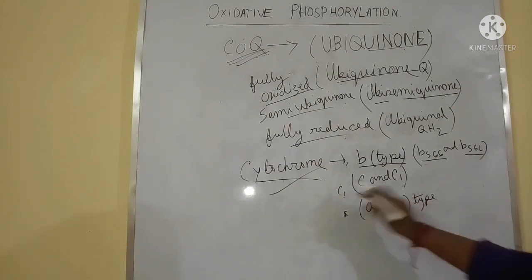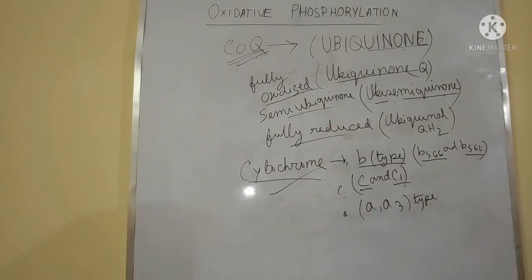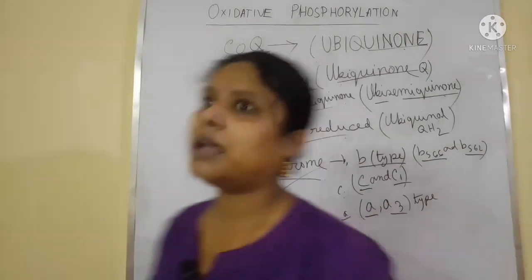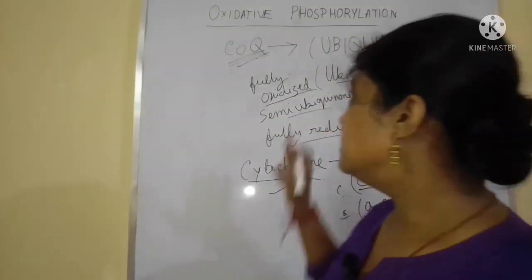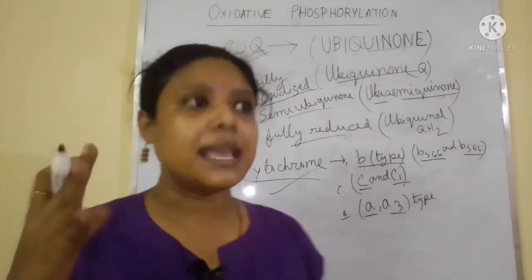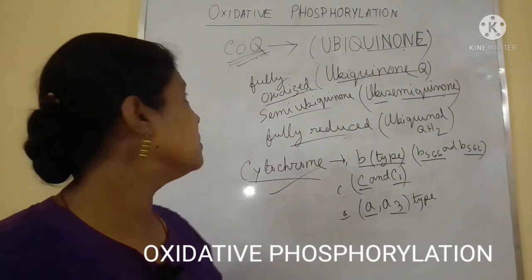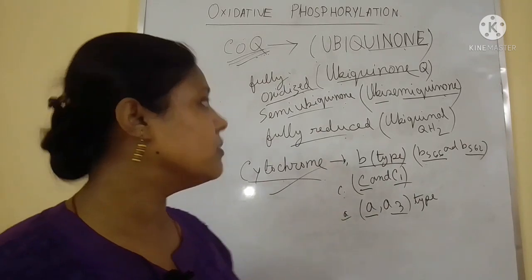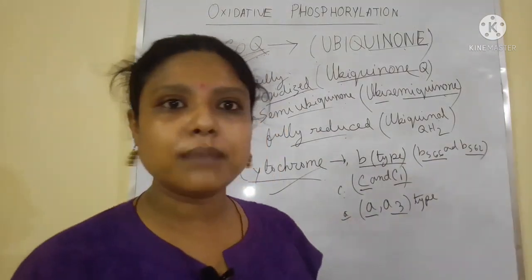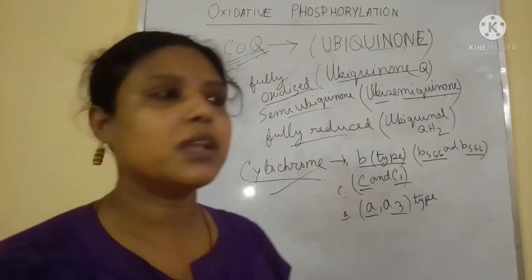In C type, there are C and C1, and in A type, there are A and A3. So, today actually we learned about the enzymes, the name of coenzyme Q and cytochrome, their types and the role of the enzymes, obviously.